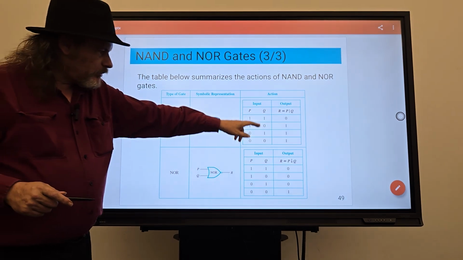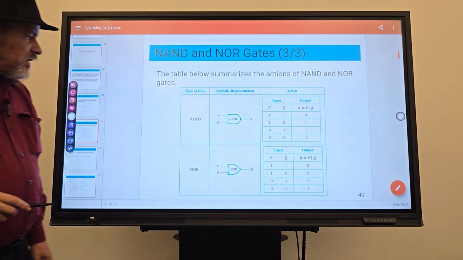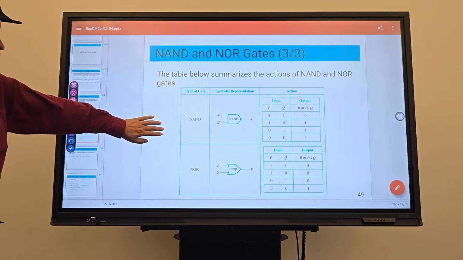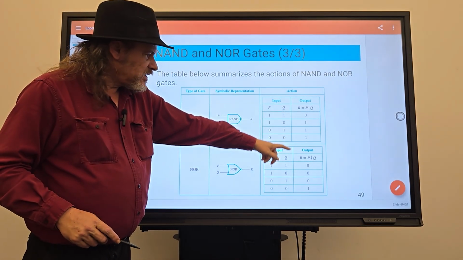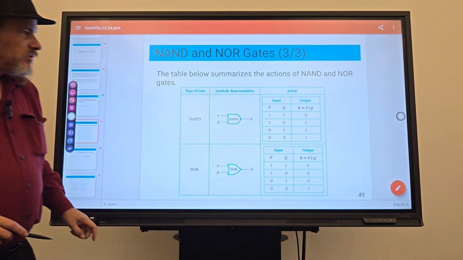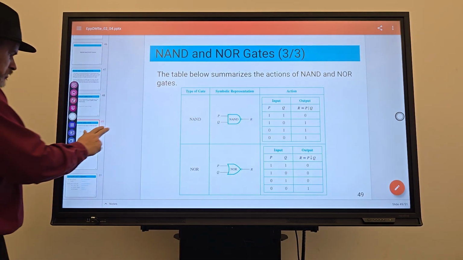And these are the input-output tables for them. You can see that these are the opposite of the AND and OR. The bits are flipped.